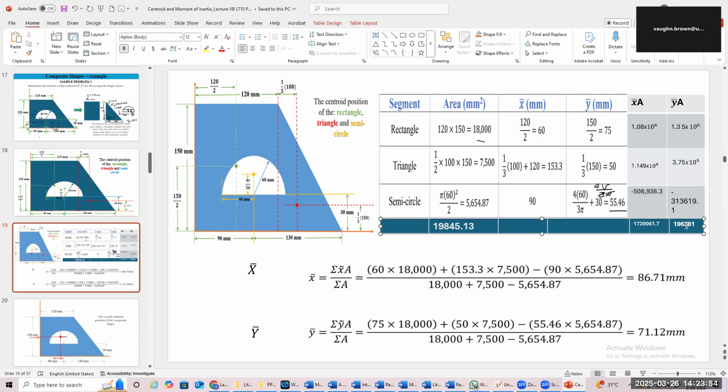This one over here, let's check this last column. So it's 1.35 10 to the 6 plus 3.5 10 to the 5. All right, you get 1.725 minus 313,619.1.